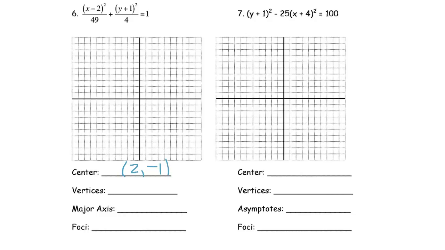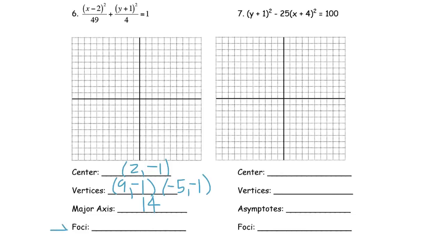For our vertices, the larger denominator is under x. The square root of 49 is 7. So we're going to say 2 plus 7, and then 2 minus 7, which gives us negative 5, negative 1. The length of our major axis, the distance from 9 all the way down to negative 5, is 14.